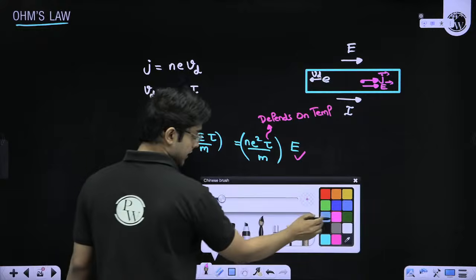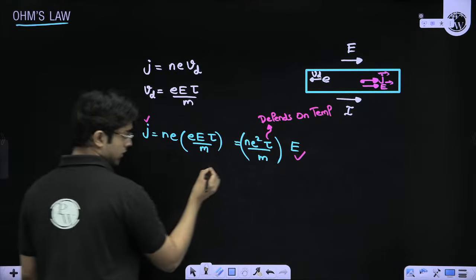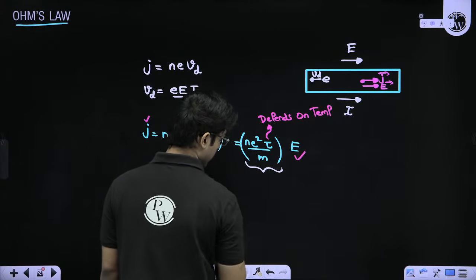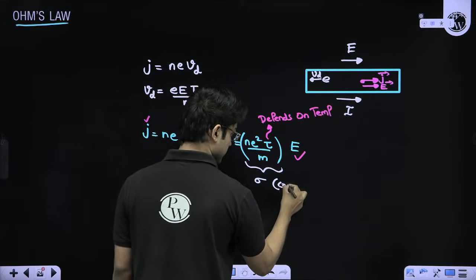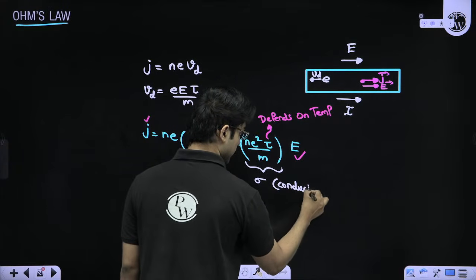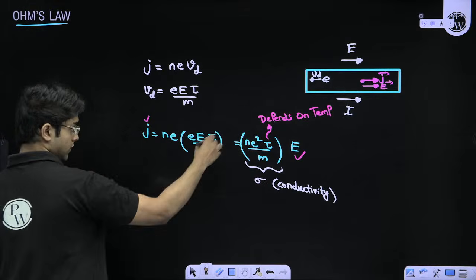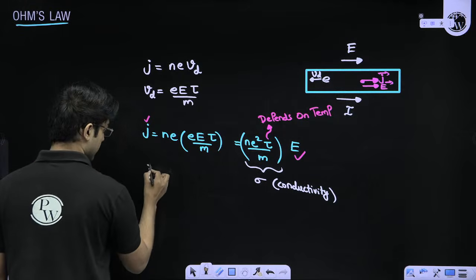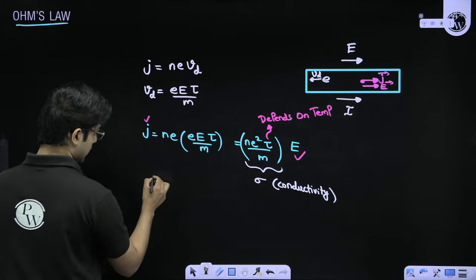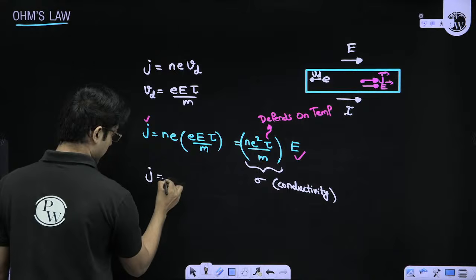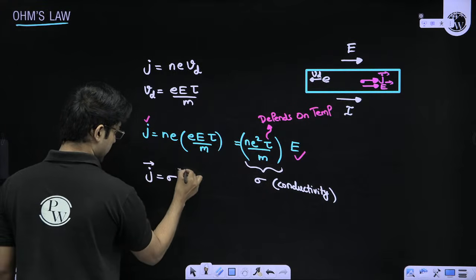So if you increase the electric field, you increase the current density. Now this constant over here, this is given another name called the conductivity, sigma. So you can write J as sigma E. And you can also write it as a vector relation.